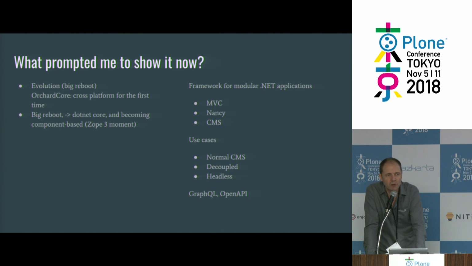You're hand rolling your own code, and it feels a bit like Zope 3 in that it's a framework for building modular applications, and the CMS is basically a set of modules that you enable. You can build any other kind of modular application on it as well.